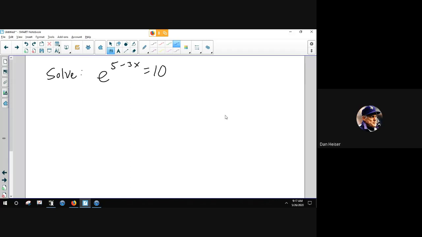Let's solve an equation. Solve for x. E to this power is equal to 10. First thing we have to ask ourselves, what base allows us to cancel this base right here? In other words, I'll go off to the side here.